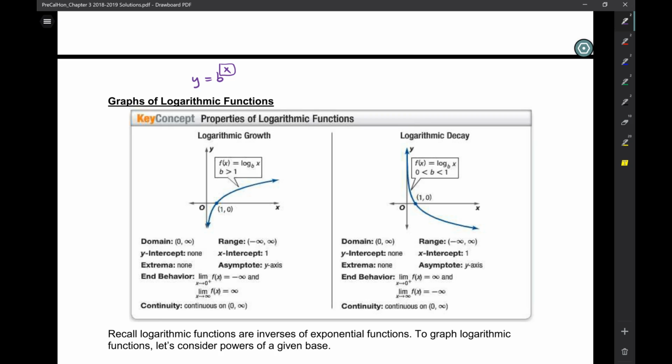What do we call it when these variables are swapped? Inverse, right? So logarithms are the inverses of exponential functions. When you multiply one number by its inverse, do you always get 1? That's a multiplicative inverse. Here we're talking about functions being inverses of each other. Okay, so suppose I were to graph y equals b to the x. Where is there an asymptote?